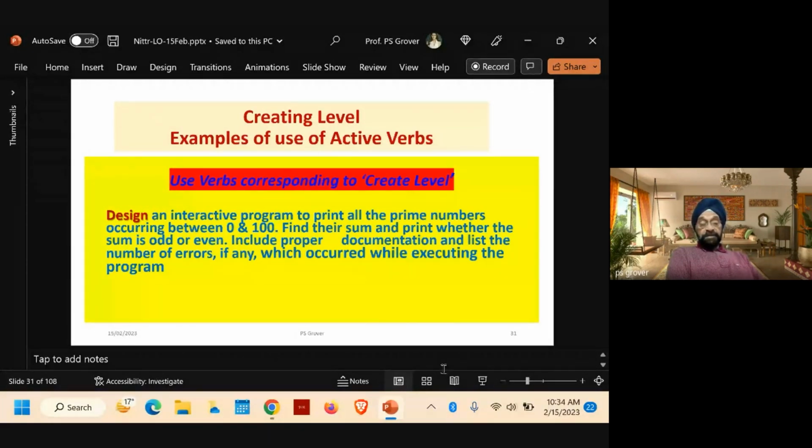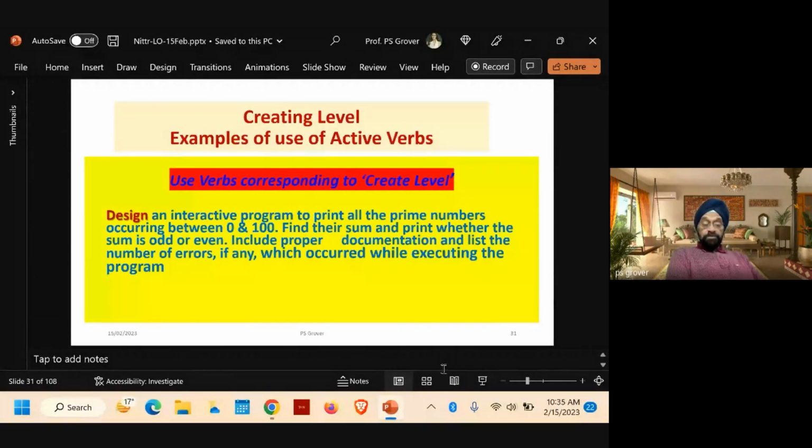Please appreciate, just to give you an example from the computer labs, we will say design an interactive program to print all the prime numbers between 0 and 100. This is a very common assignment which is given to students in their programming class. Now just add to this, find their sum and print whether the sum is odd or even. Include proper documentation.